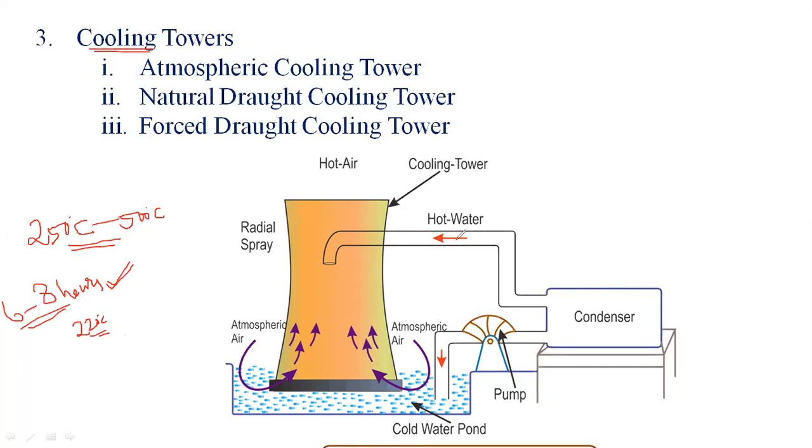Throughout the period, the temperature is maintained constant. And in the conventional power plant, the main advantage is that we can generate a bulk amount of power at a time, and we can maintain constant power generation.